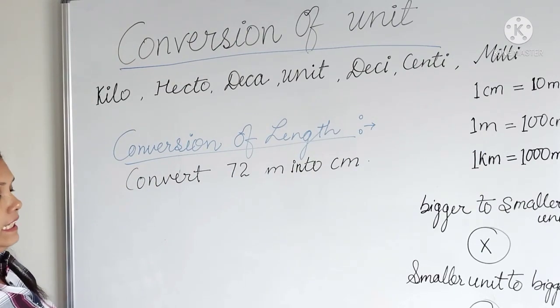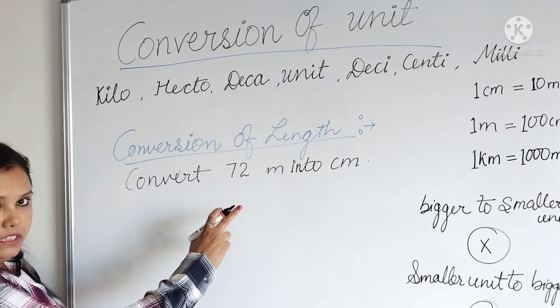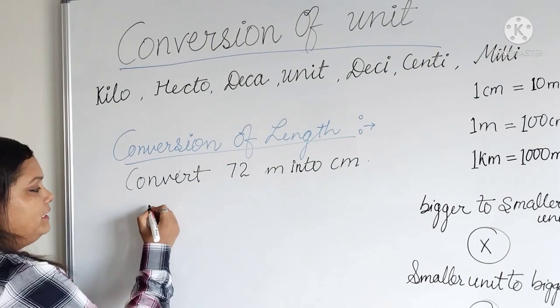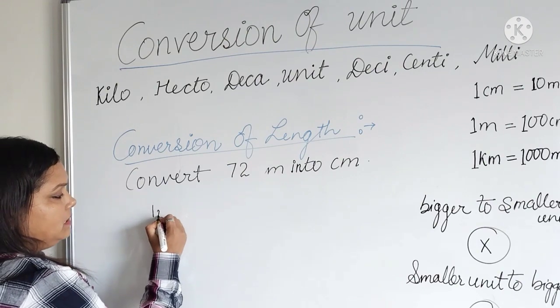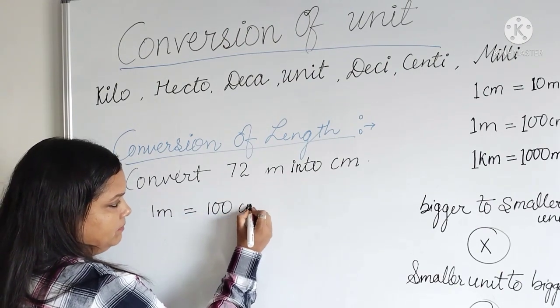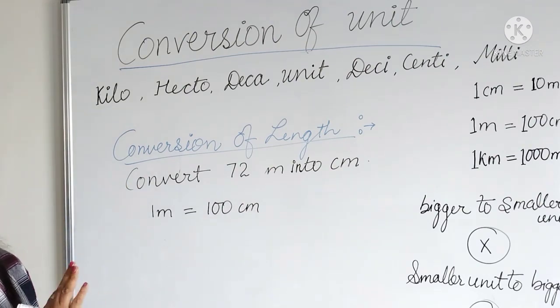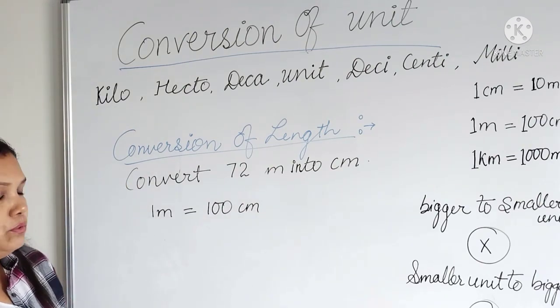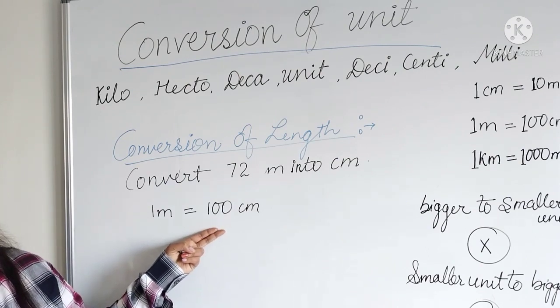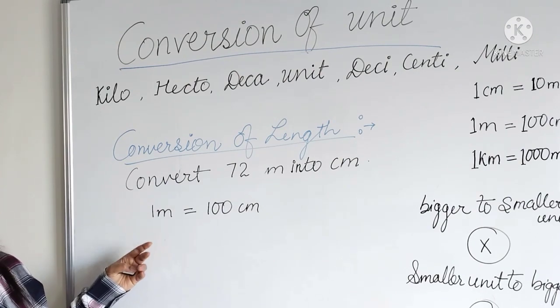So now let's see how to convert 72 meter into centimeter. We will first write 1 meter equals 100 centimeter. It's not 1000. Many students write 1 meter equals 1000 centimeter, so we don't have to write that.